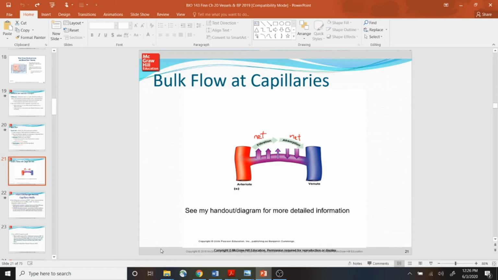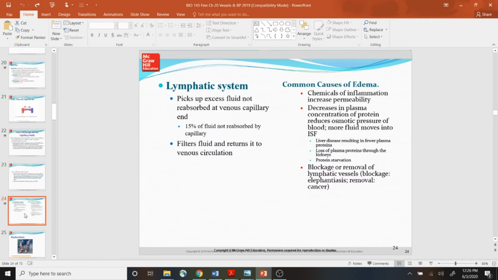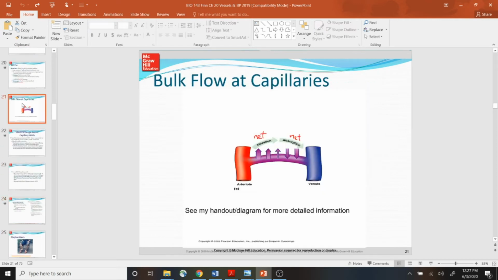Now, interestingly enough, you can apply some of this clinically. Here's something that we have to think about. At a capillary bed, let me show you a picture of this, of the fluid that leaves.